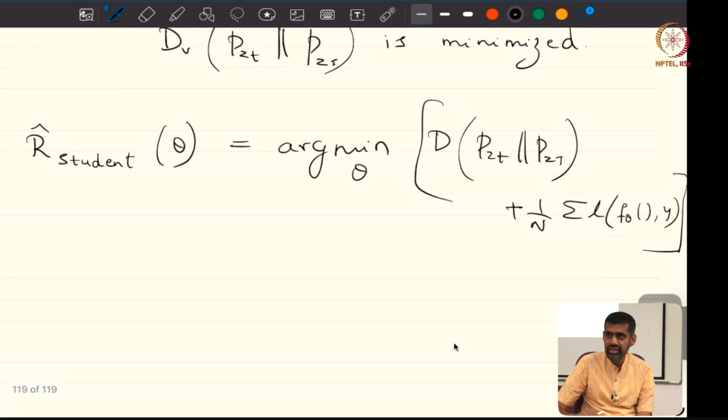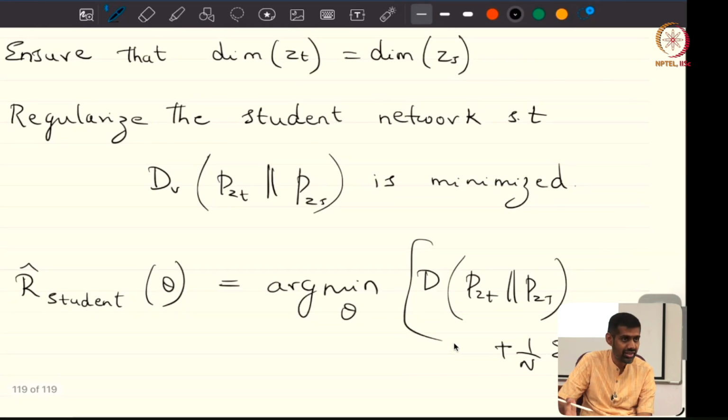Distillation comes with a catch. The catch is that it will degrade the performance because the number of parameters in the student is lesser, but you will have to deal with it. The hope is that while you distill, the performance does not degrade, but it always will, because the number of parameters is much lesser compared to the teacher network.